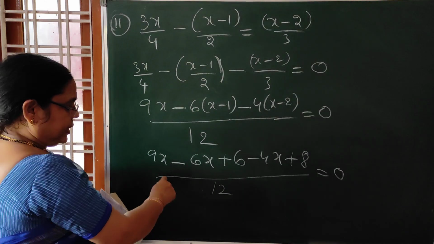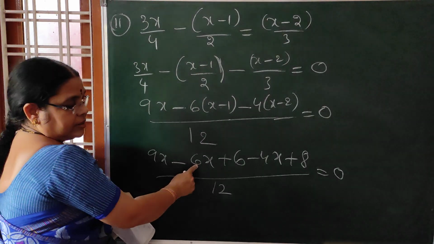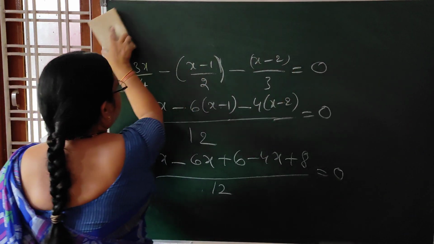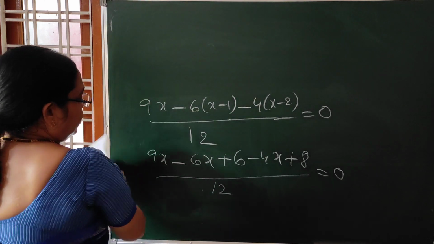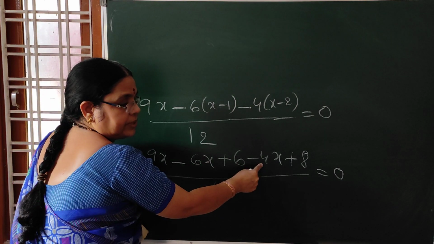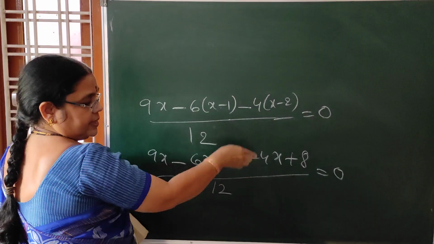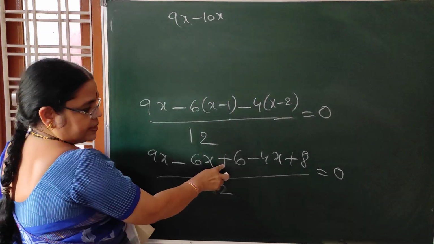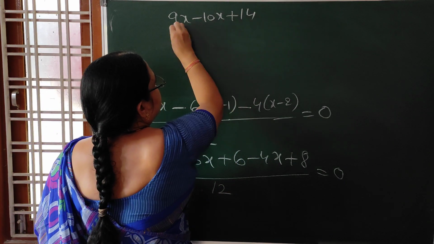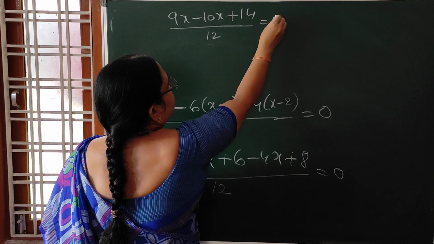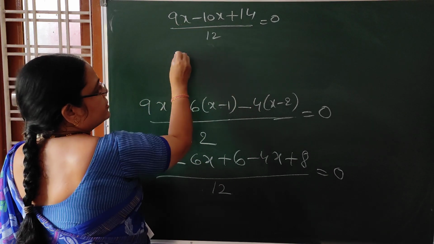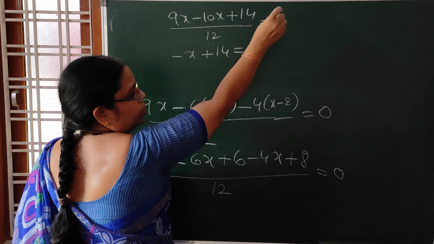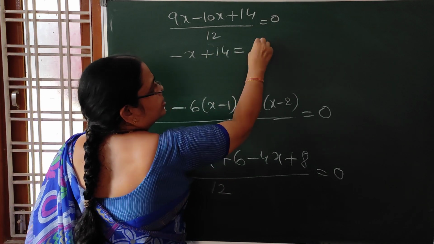Now you can simplify like terms. 9 minus 6 is 3, 3 minus 4 is minus x you will get. Or minus 6x plus minus 4x is minus 10x. 9x minus 10x, and plus 6 plus 8 is plus 14 by 12 is equal to 0. 9x minus 10x is minus x plus 14 is equal to, this is going to opposite side, 12 into 0 becomes 0.